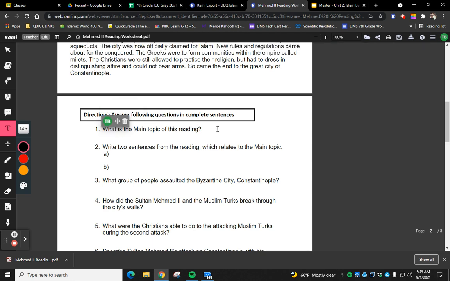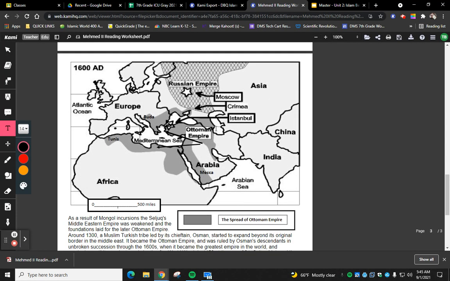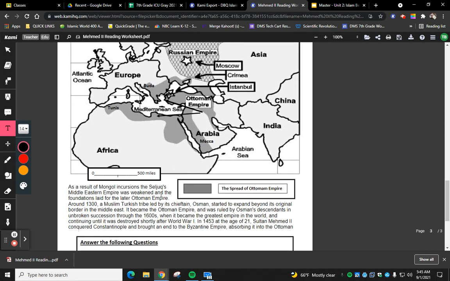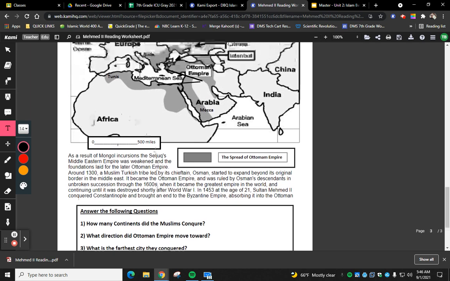Now, for the page where it has the map, the very bottom, okay, there is another small reading. There is a map here, and then you need to answer the 4 questions. Now, when it comes to highlighting the answers in this one, see if you can highlight on the map.